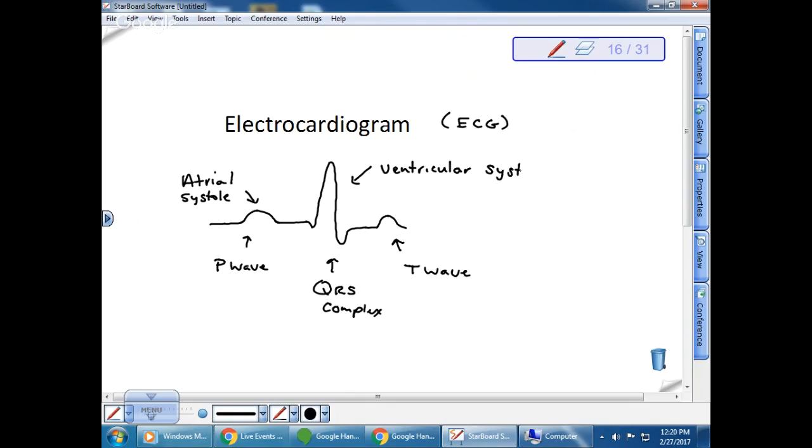And at the same time the ventricles are contracting, the atria are also relaxing, and so it's actually kind of hidden underneath QRS. You can't see when the atria would relax because it's the exact same time the ventricles are contracting. And then lastly, we have the T wave, and this would be when the ventricles relax. So this would be ventricular diastole.